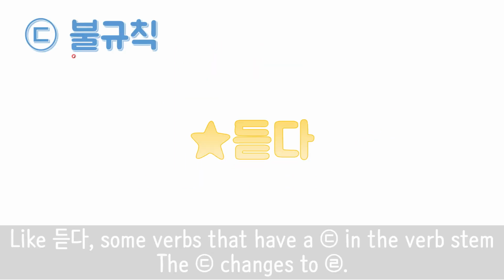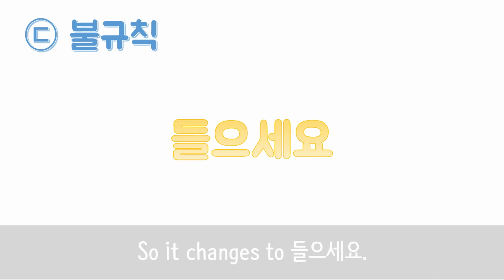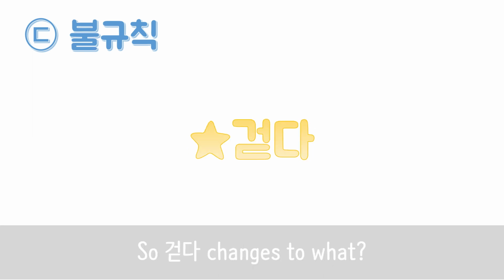And there is something 불규칙. 불 means not. 규칙 is a rule. Like 듣다, some verbs have a 디귿 at the end of the verb stem, and the 디귿 changes to 리을. So it will be 들으세요. 걷다 also has a 디귿 here.